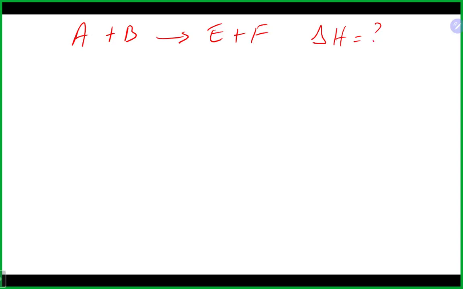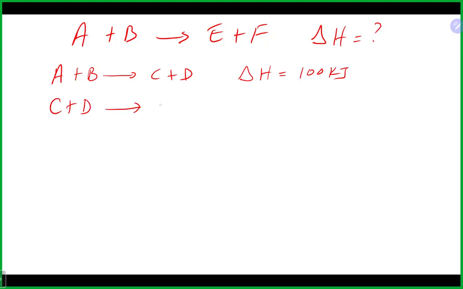And the only information given to me were 2 separate equations. A plus B goes to C plus D, delta H is equal to 100 kilojoules. And maybe C plus D goes to E plus F, delta H is equal to 50 kilojoules.